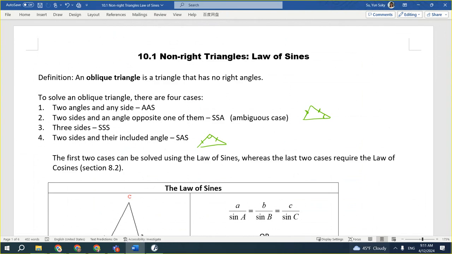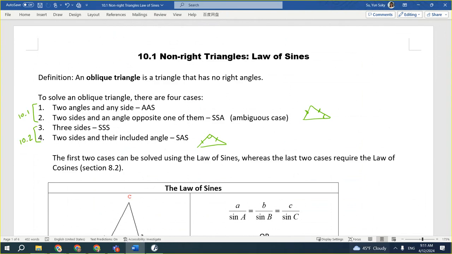It's the included angle of those two sides. So they are different cases. The first two cases can be solved using the law of sine, whereas the last two cases can be solved using the law of cosine.